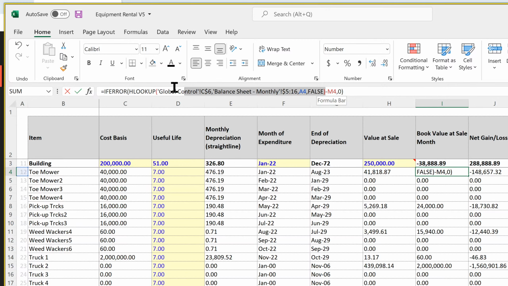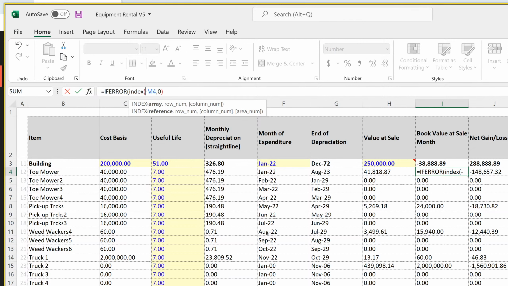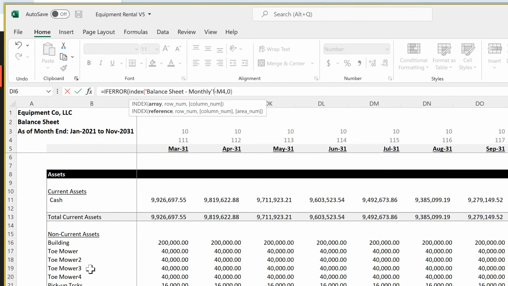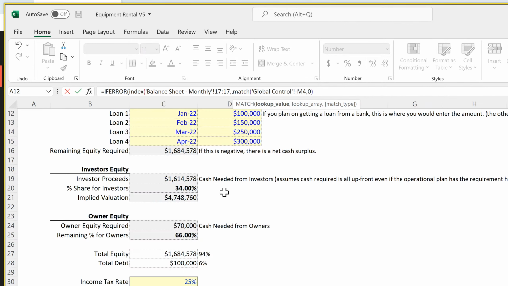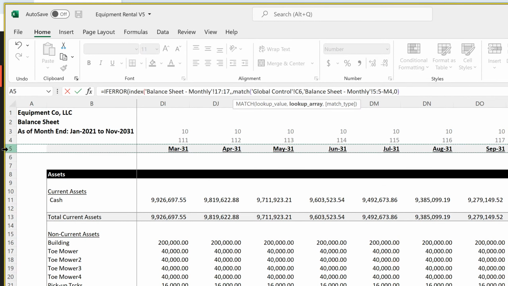Screw this. I'm doing INDEX. I'm done with HLOOKUP. INDEX. All I want is this, MATCH, the end month, comma, here and 0.